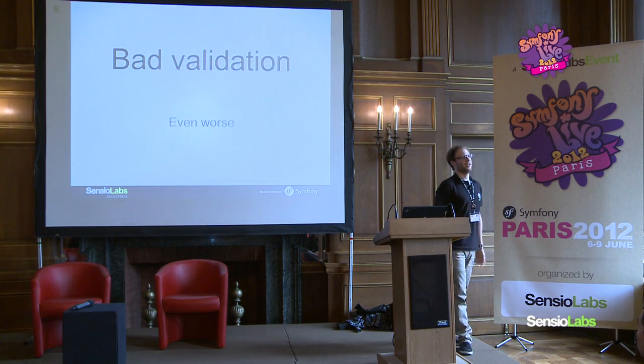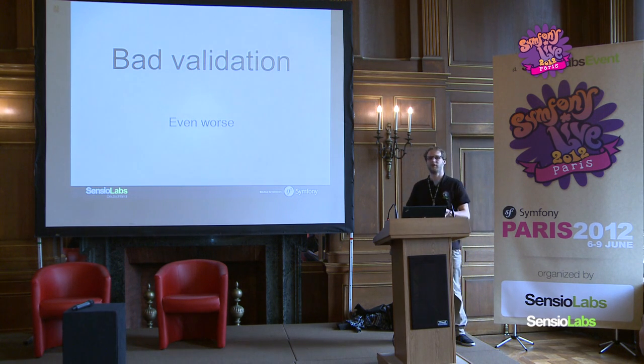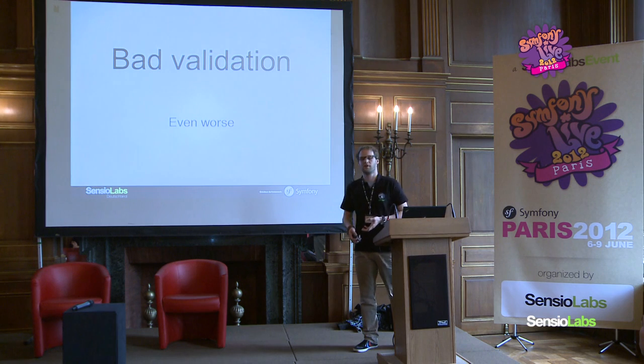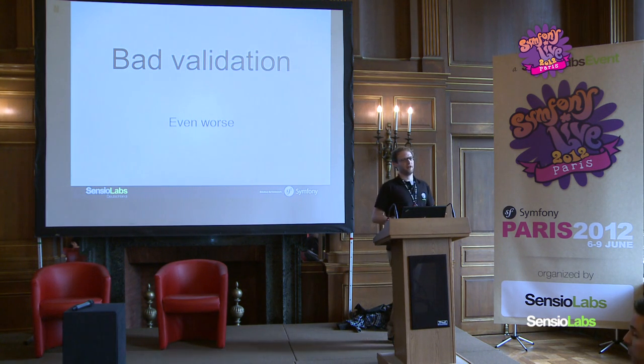And even worse than that is bad validation. If you have, for example, a library that's in your bundle, and you have a string that determines your API URL, and it has to have a backslash, and you don't provide a backslash, what happens? Do you get an exception for this? If not, do you know if the library will react on it with an exception?